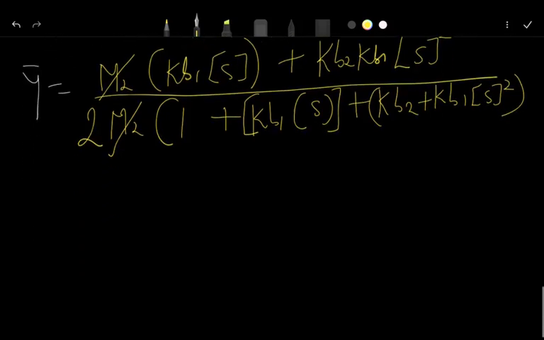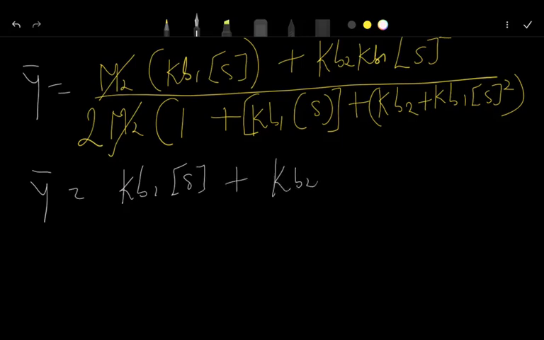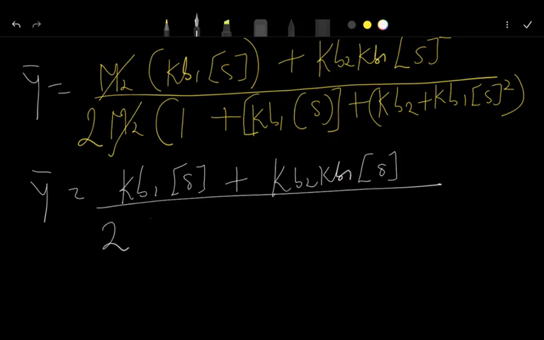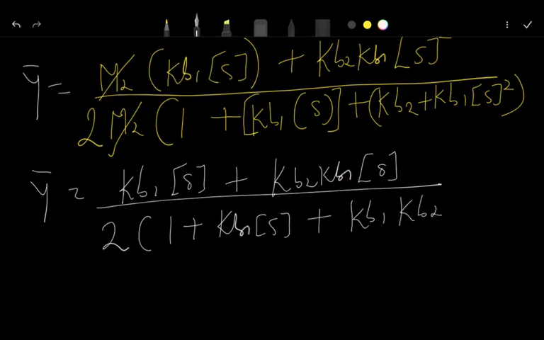Writing the equation out now in a more proper and clear way, I have y bar equals KB1 in bracket S plus KB2 KB1 in bracket S, all over 2 open bracket 1 plus KB1 S plus KB1 KB2 S squared.